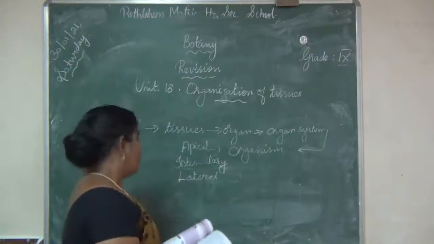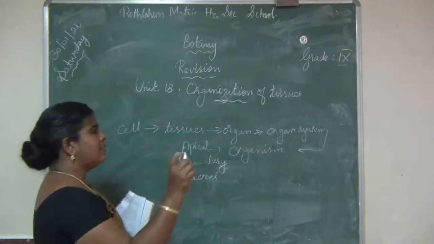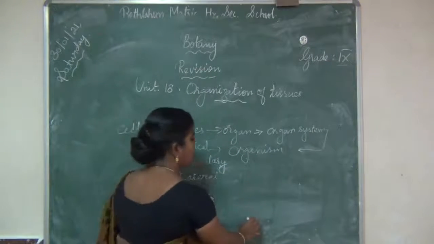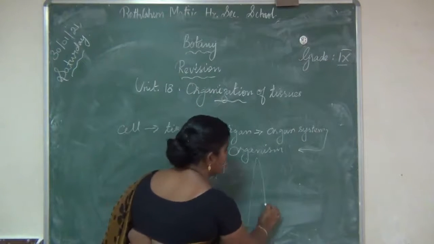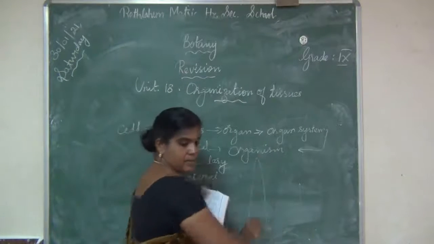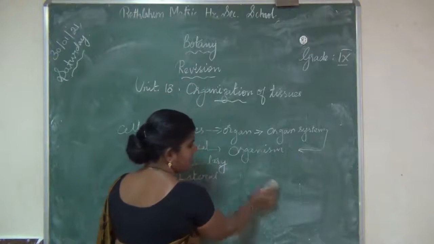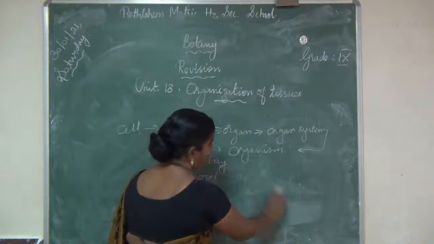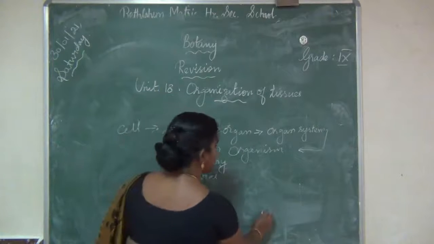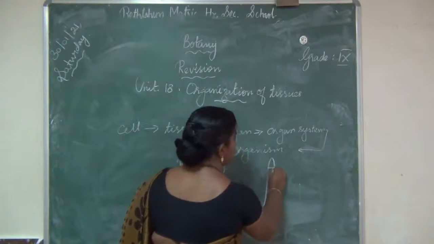Intercalary meristem. But if this question is asked for you, you have to draw the shoot apex like this, okay? For this question you must draw the diagram. Draw the shoot apex and locate the apical meristem.